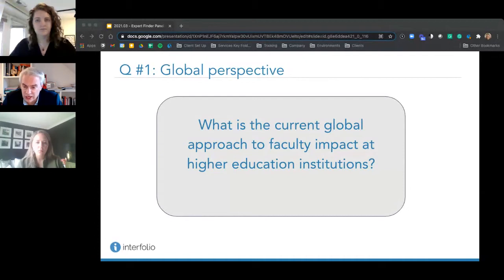And those national level interventions are starting to filter into hiring and firing decisions within universities. But I wouldn't say that that has been wholly adopted across the board.